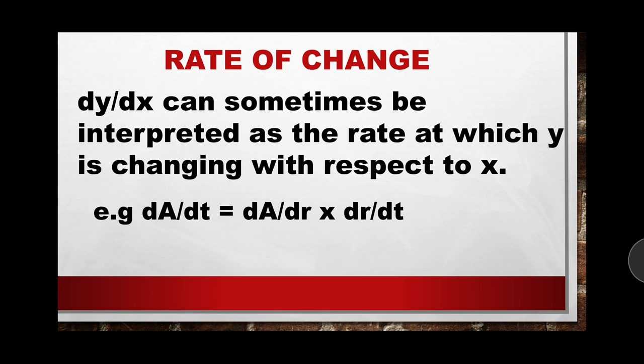To get the rate at which A changes, when we know dA/dr, we multiply it by the rate at which r changes, and we still have our dA/dt. This is very obvious in the examples given in the module.